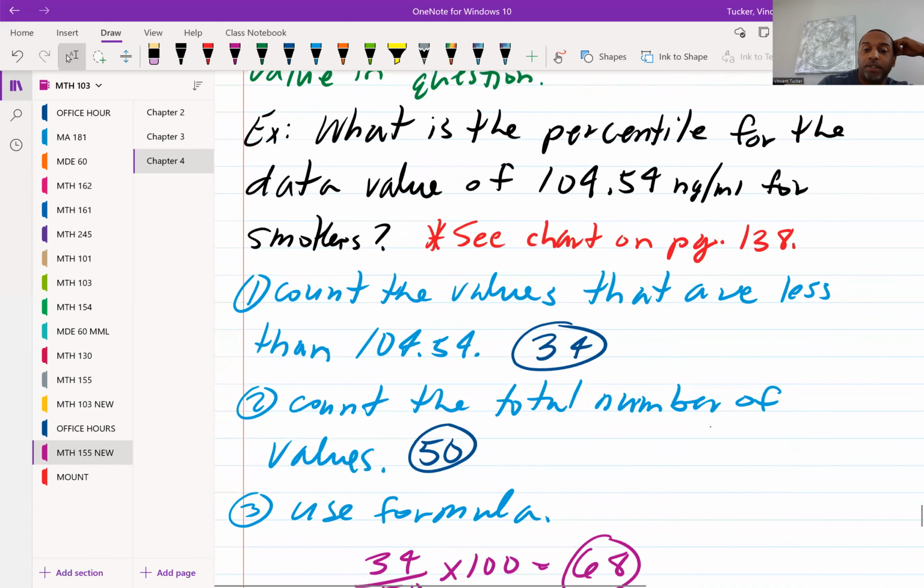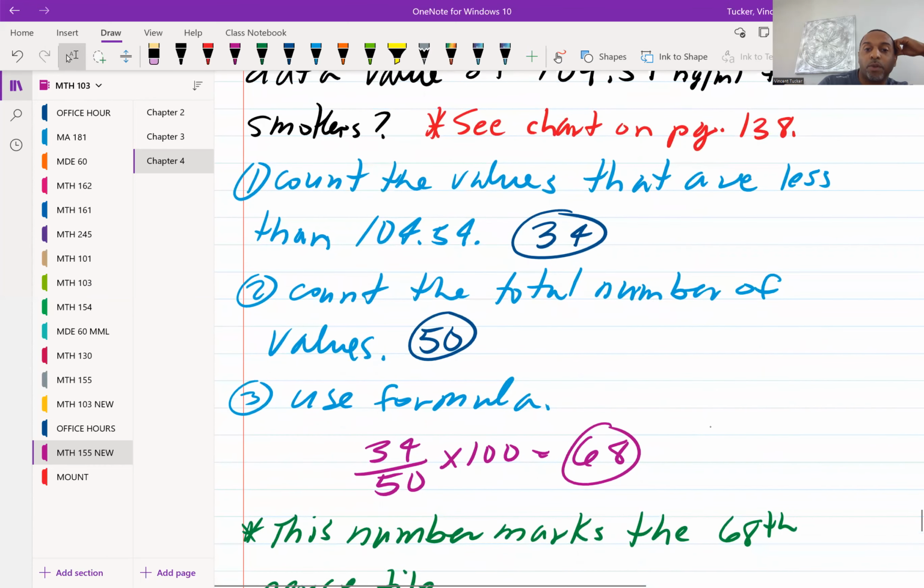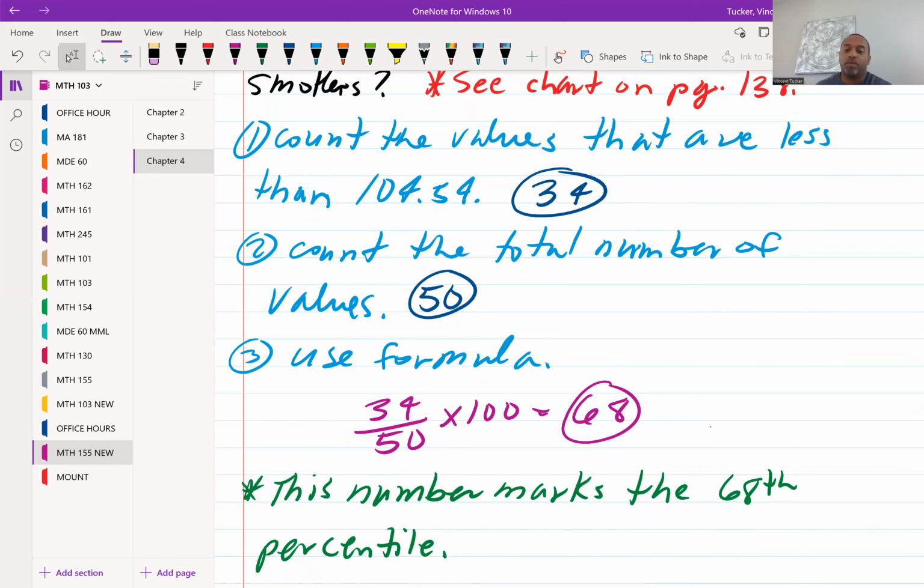Once you have those two pieces, you can use the formula. It's 34 over 50 times 100. And we have the right statement about it.